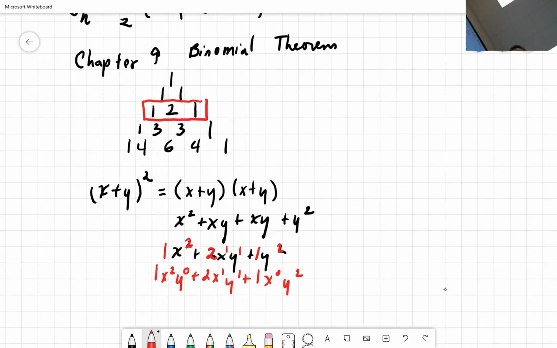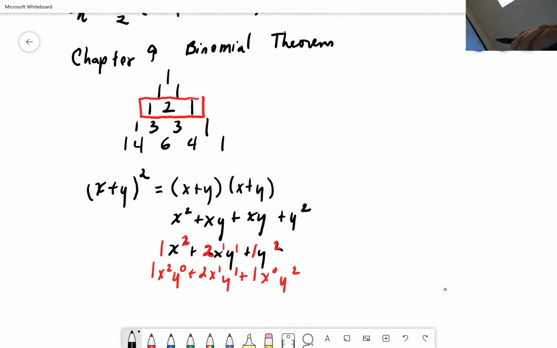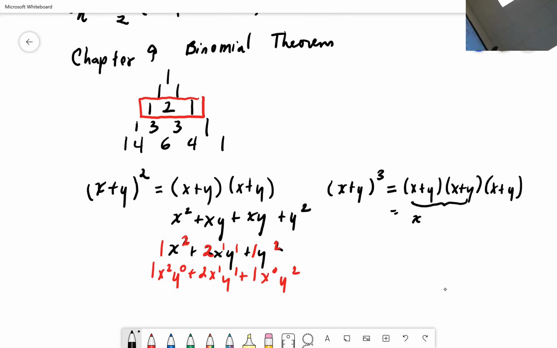Okay? Now, if I did this right now, I'll do it here on the side, x plus y to the third, well, that's x plus y times x plus y times x plus y. And so you know that this here becomes x squared plus 2xy plus y squared. And now we're just going to go ahead and multiply times x plus y.